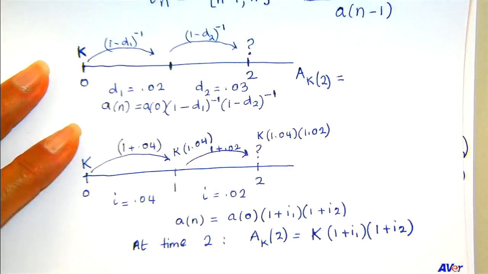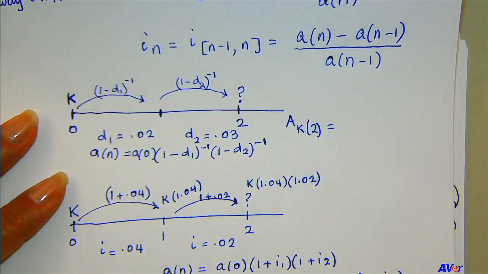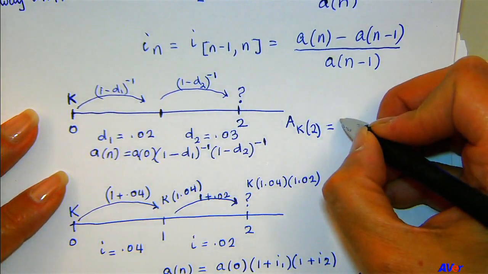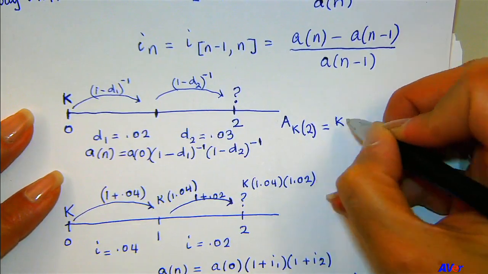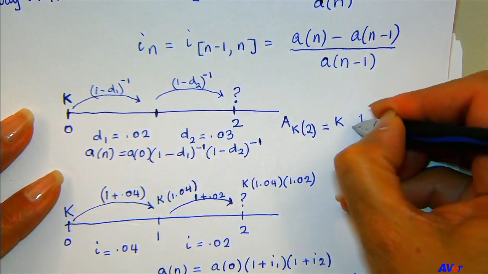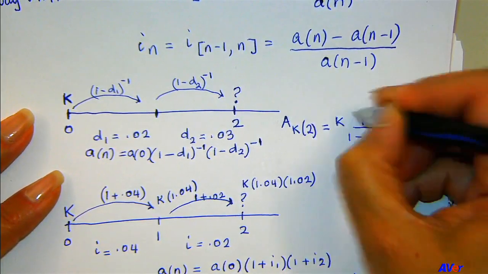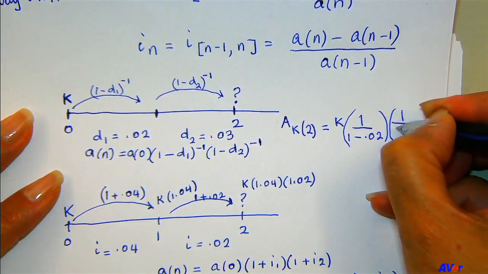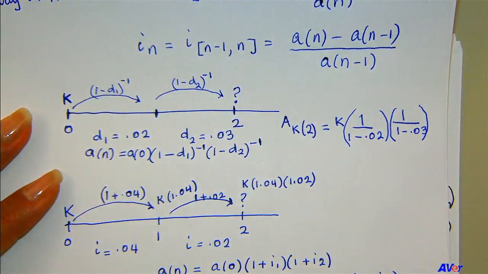Does this make sense to you? So A k of 2 is equal to what? K, 1 over 1 minus d1, 1 over 1 minus 0.03. Does that make sense? What is your question?